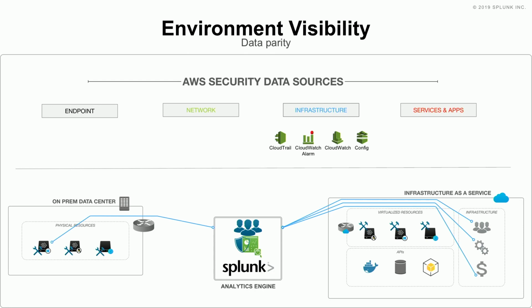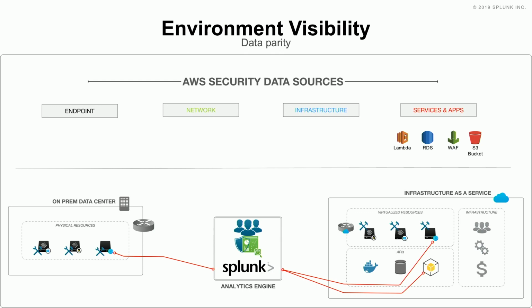AWS also provides a significant amount of this infrastructure-related data through a service called CloudTrail, and CloudWatch logs, CloudWatch metrics, and then a policy configuration called AWS Config, which helps you monitor things like password strength adherence or multi-factor authentication, rules that you set on your S3 buckets, for example, like if they were publicly available, let's say.